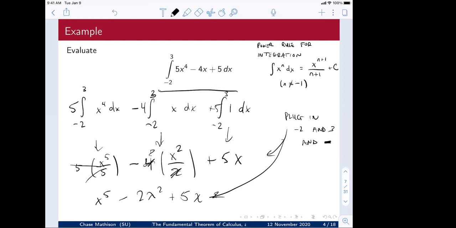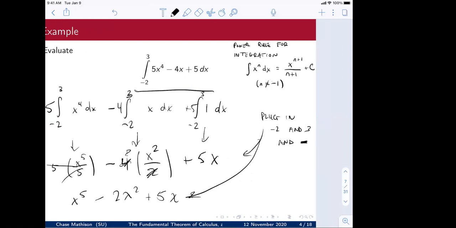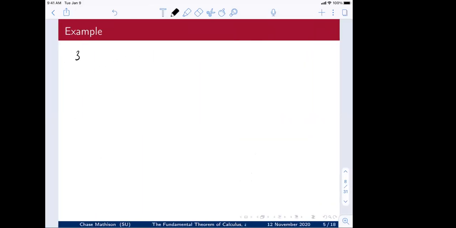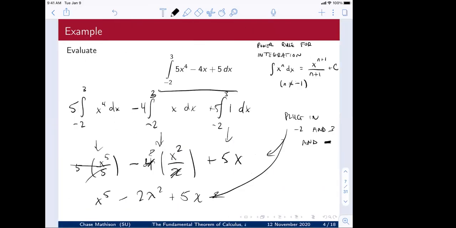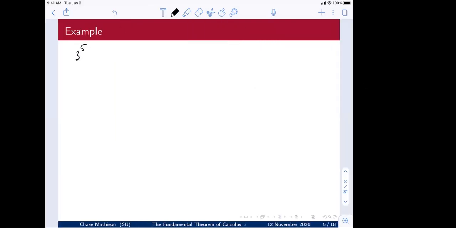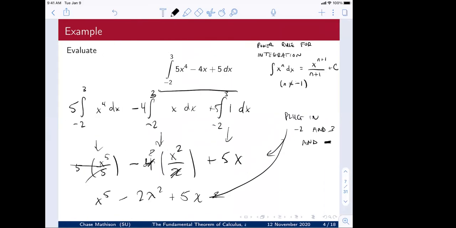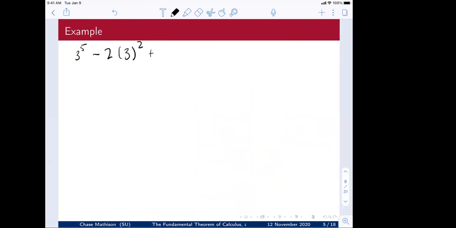So really I want to plug in minus 2 and 3 and subtract there. I'm going to plug in the top bound first, so I'm going to plug in 3 first. I'm going to get 3 to the 5th minus 2 times 3 squared plus 5 times 3. So there's the top bound plugged in.